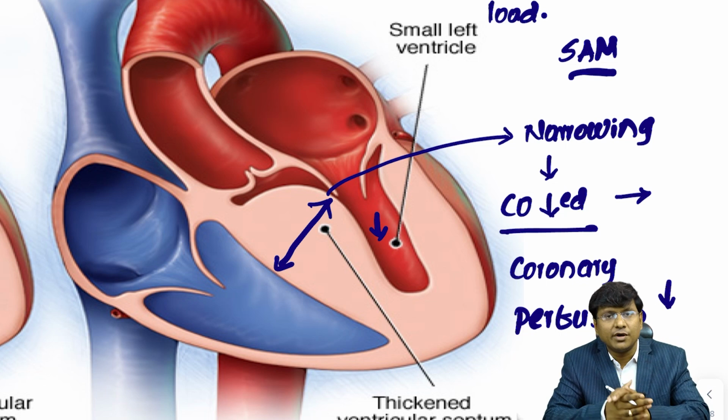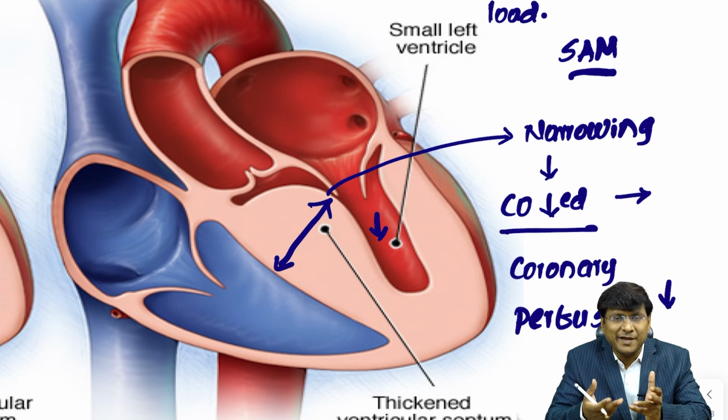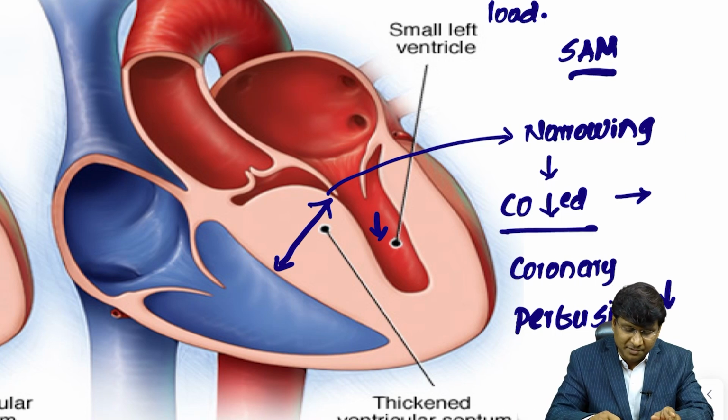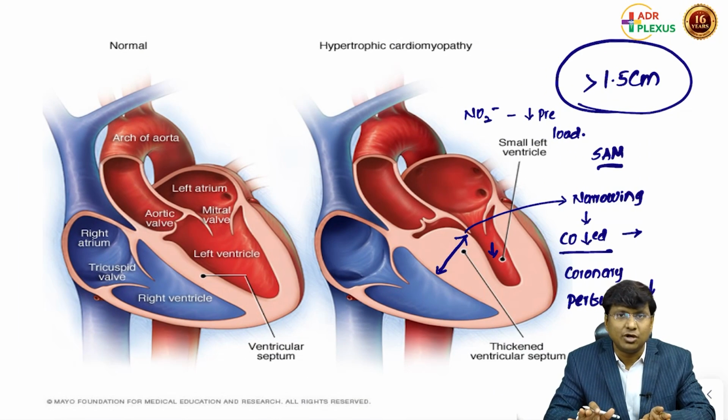Now, once the coronary perfusion decreases, the chest pain increases. Okay? Because in hypertrophic obstructive cardiomyopathy, you have a hypertrophied septum. For this hypertrophied septum, the demand is more, and if the supply is less, that will result in increased angina. That is the reason why in patients with hypertrophic obstructive cardiomyopathy, nitrates should not be given.